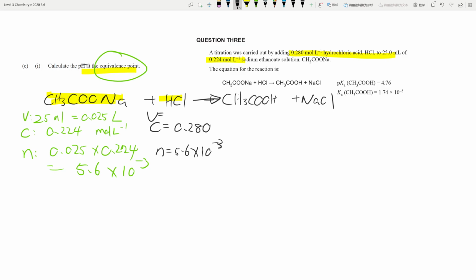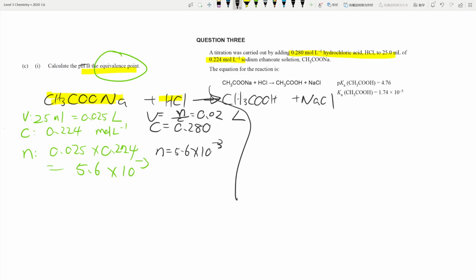The volume is going to be n divided by C, which is 5.6 times 10 to the power negative 3 divided by 0.280, and that's going to equal 0.02 liters. Oh, good thing I didn't use that 15 up there.